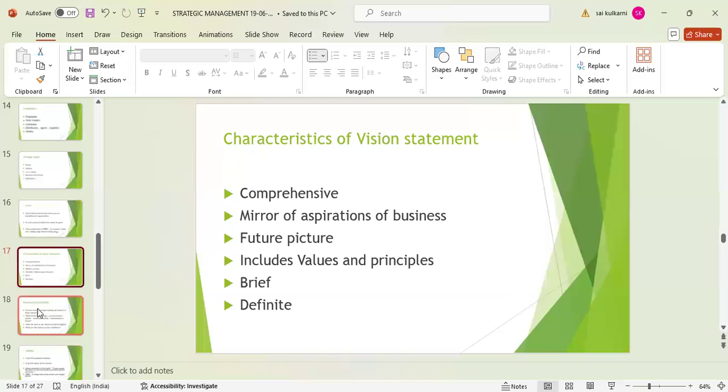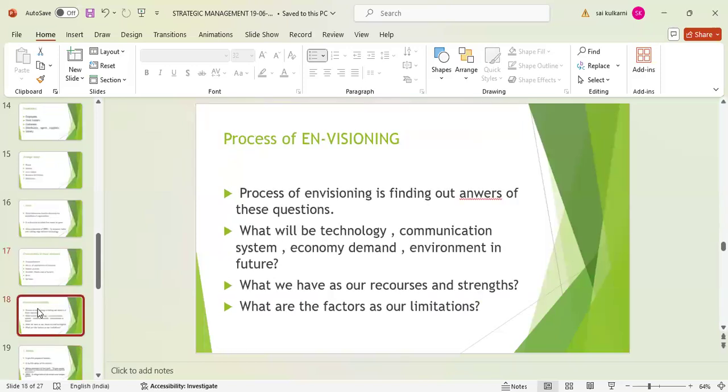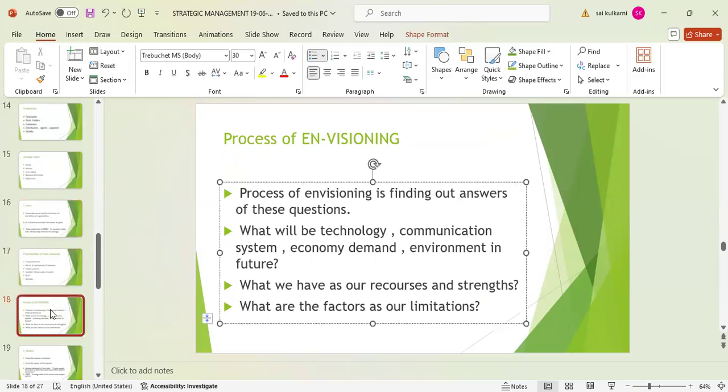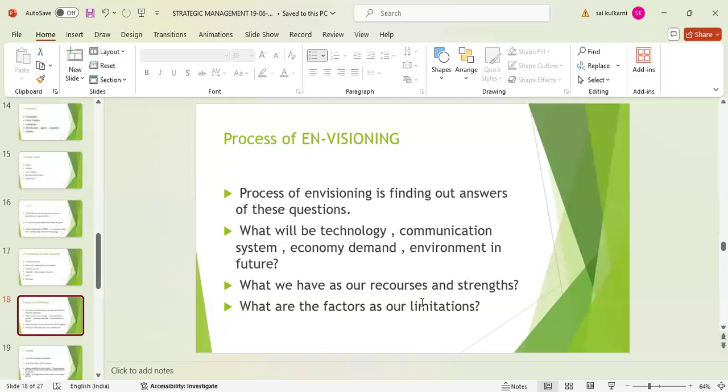Now we can go to the next point, the process of envisioning. Each and every firm has its vision statement, but how can the firm decide about the vision of the organization?